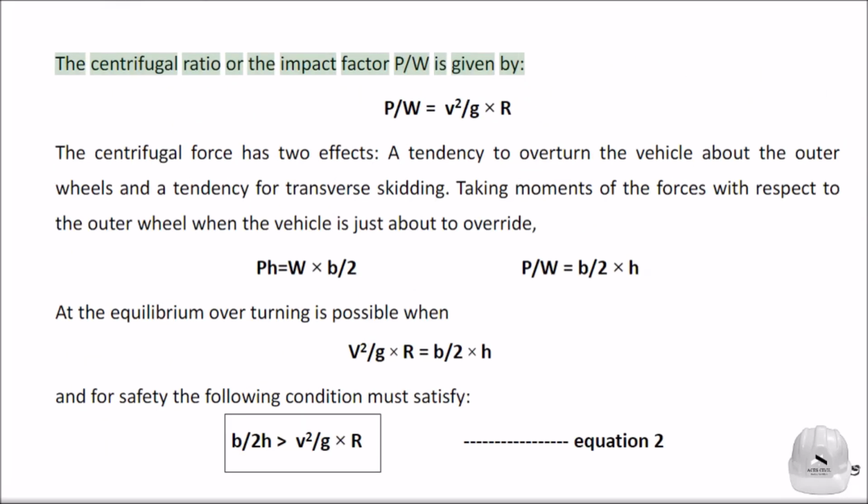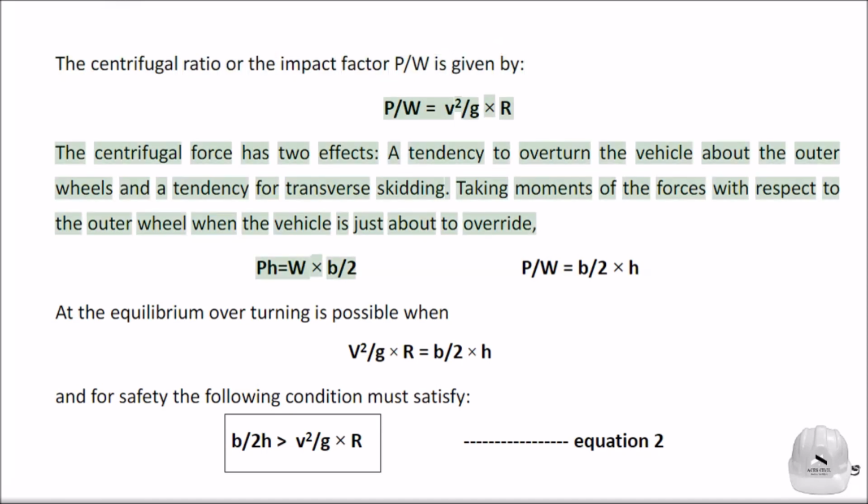The centrifugal ratio or the impact factor P/W is given by P/W equals V squared divided by g times R.